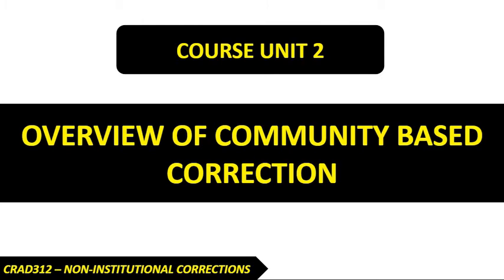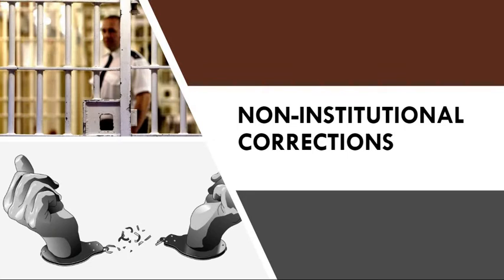Since this is the beginning of our topic, we're going to look at what is in community-based correction. Non-institutional correction, or what we call community-based corrections, are just the same.